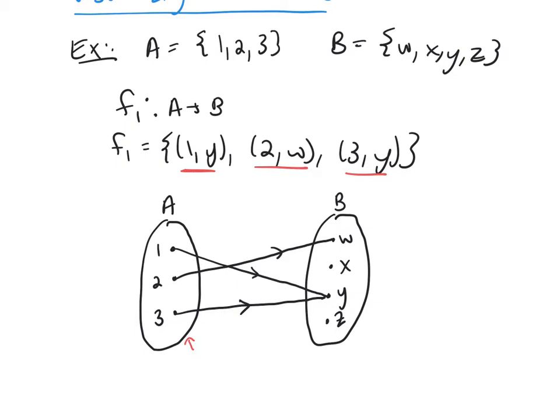If I look, 1 has an arrow coming out, 2 has an arrow coming out, 3 has an arrow coming out. So everything has an arrow coming out, and it has exactly one. So it's easy to see that F1 is a function. And so this first set A would be your domain. Your second set B would be your codomain.